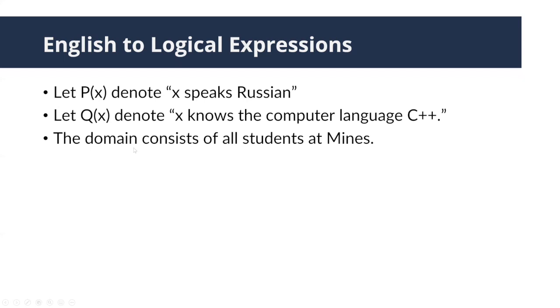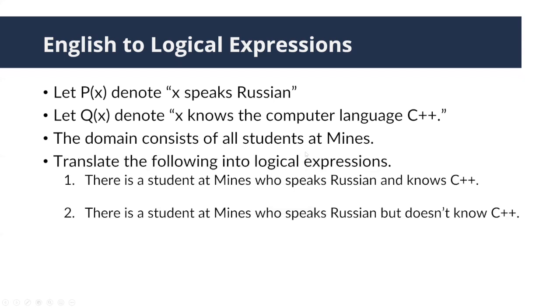The domain consists of all Mainz students. Now let's see how to translate four English statements into logical expressions. The first one is, there is a student at Mainz who speaks Russian and knows C++.